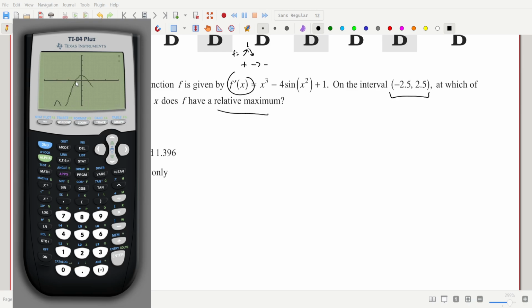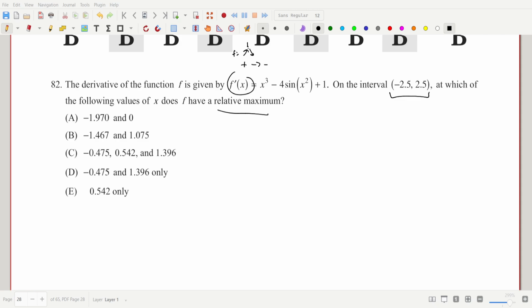Okay, that's a negative to positive there. We got a positive to negative only at one point, so let's just calc zero that. Left bound here, right bound here, guess, just put on top. Okay, 0.5423. Is that an answer? Yeah. Cool.